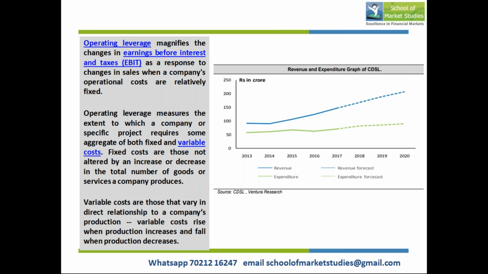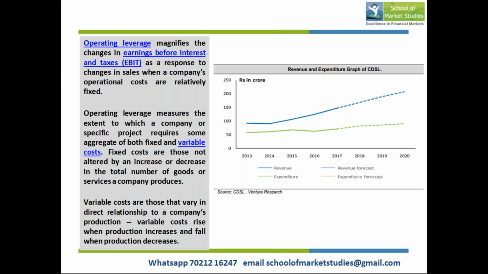So if he's got 200 employees, even if business grows 1,000-fold, his 200 employees might become 210 employees. So the relative change in expenditure is far lower than the relative change in income, and that gives you a disproportionate change in the delta as your income increases. And this is what we call operating leverage.